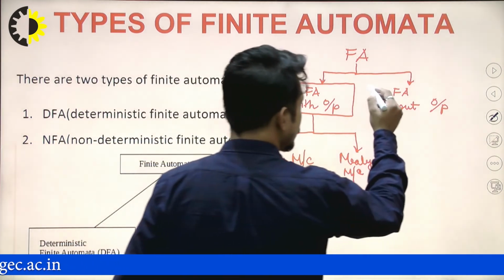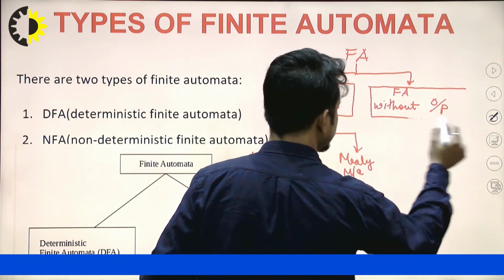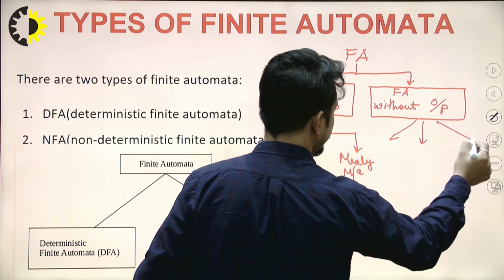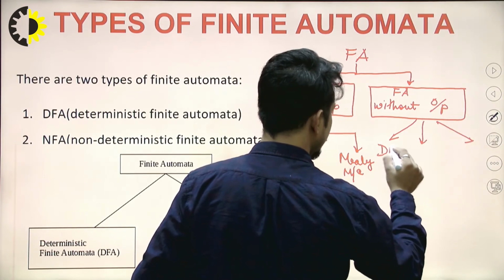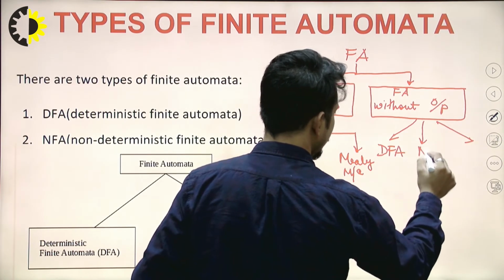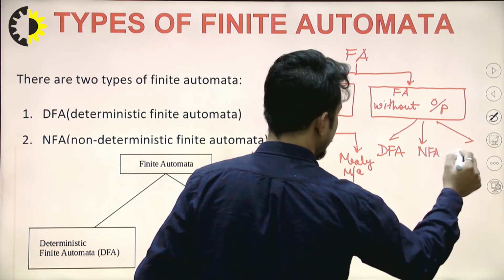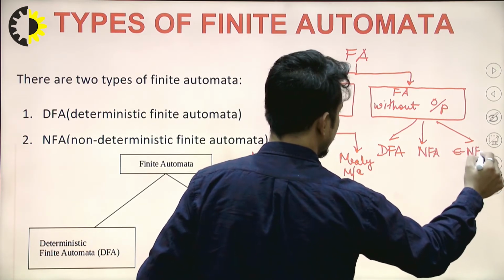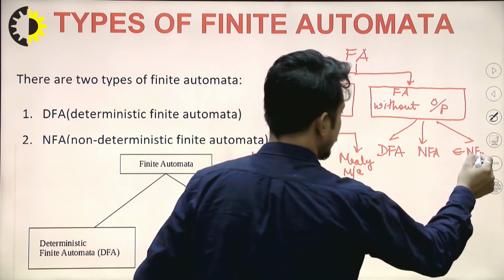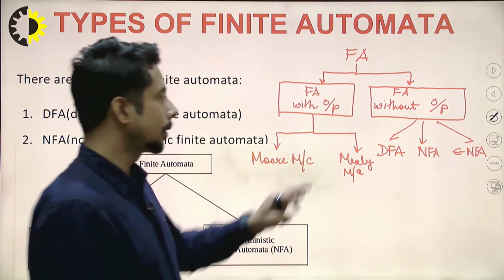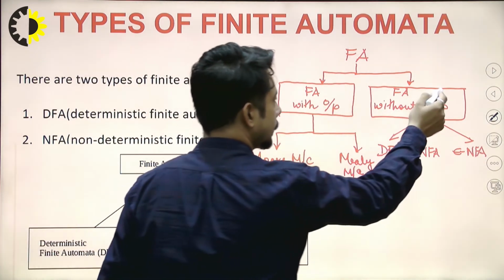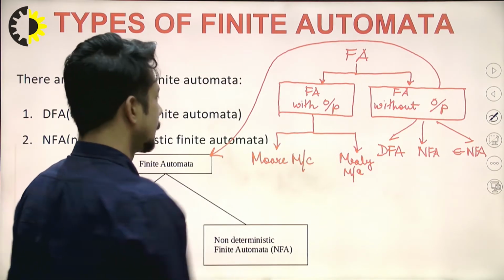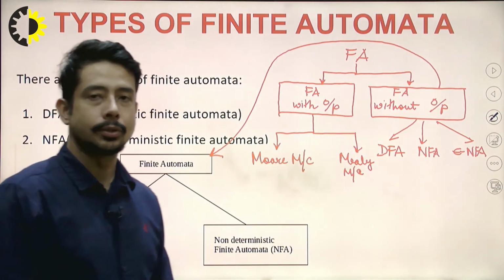Then finite automata without output is categorized into 3 parts: DFA, NFA and epsilon NFA. Okay. So overall, this particular finite automata without output is nothing but this one only, whatever I have mentioned over here.